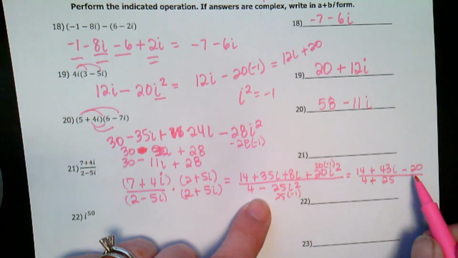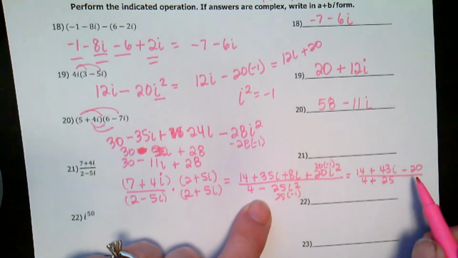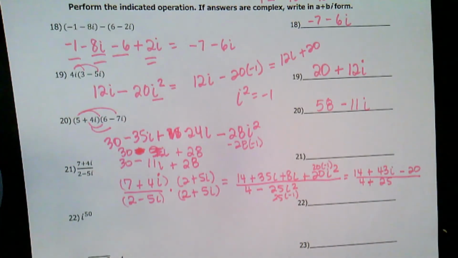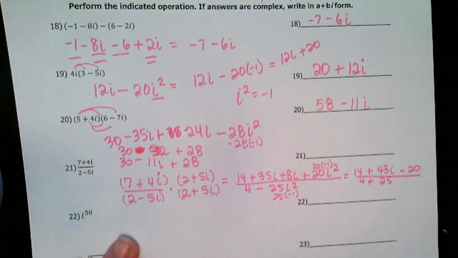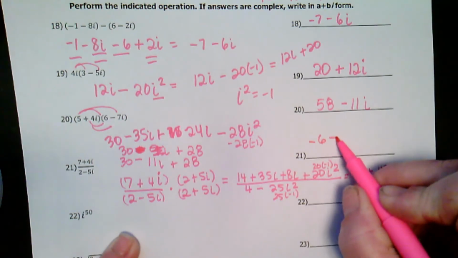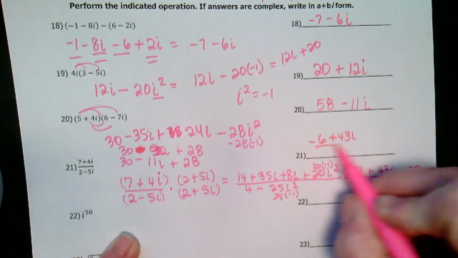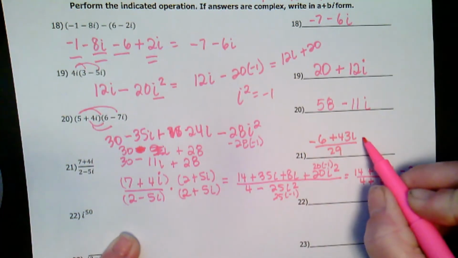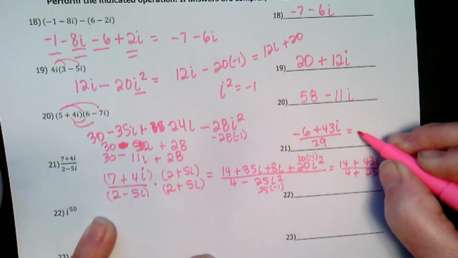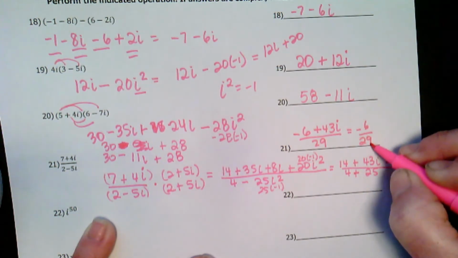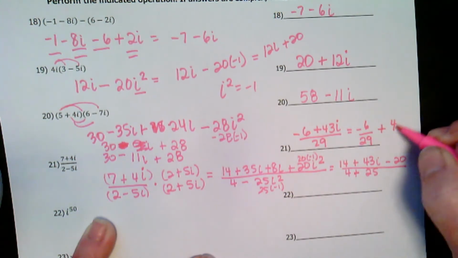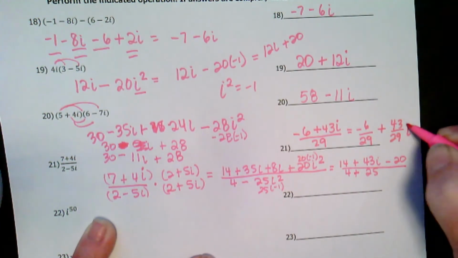So now we have negative 6 plus 43i, and on the bottom we have 29. And if we want it in the right form, we want to separate these out. So negative 6 over 29 plus 43 over 29i.